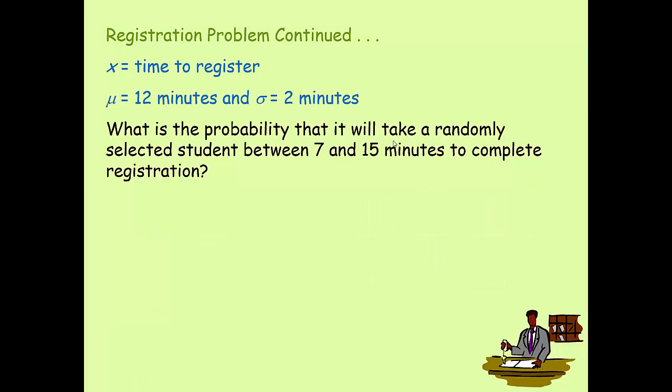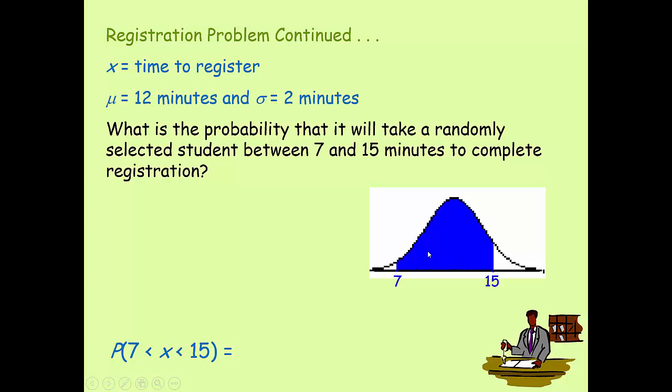How about the probability that it will take a randomly selected student between 7 and 15 minutes? Now this is an in-between probability. So what I have to do is standardize the upper value, 15, and standardize the bottom.